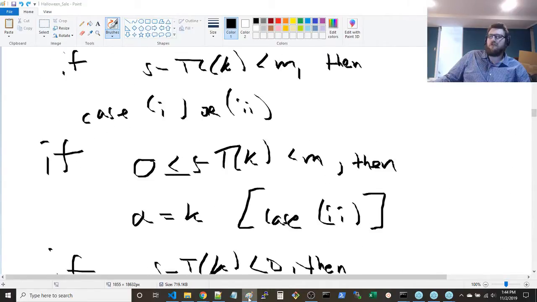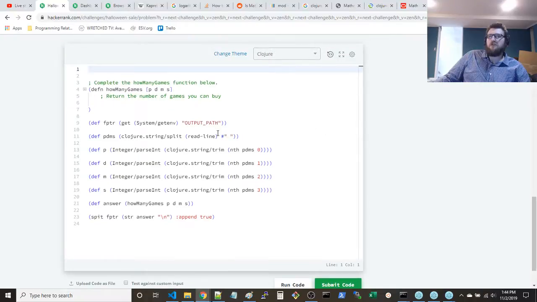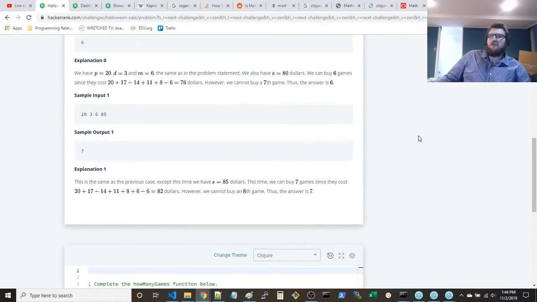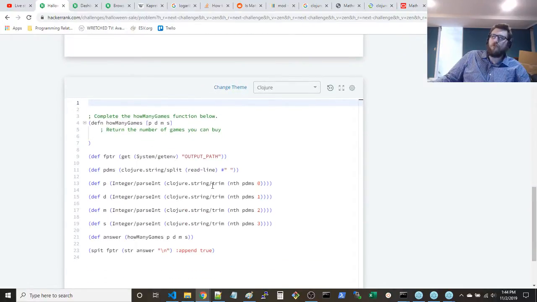This would be interesting to do in Clojure. So first things first, parsing integers, parsing the answer.